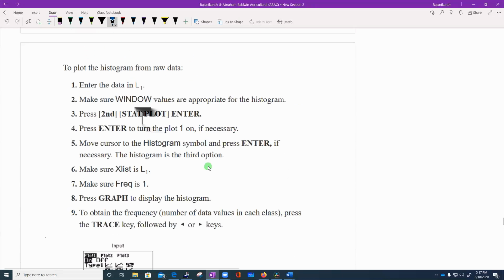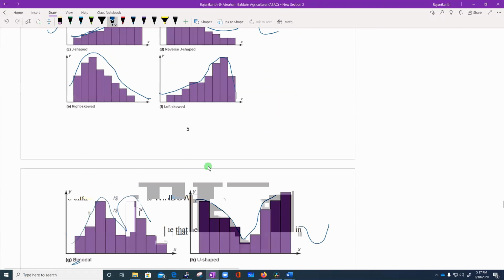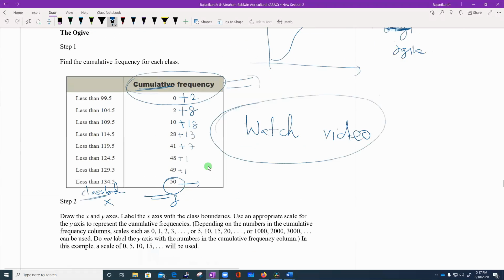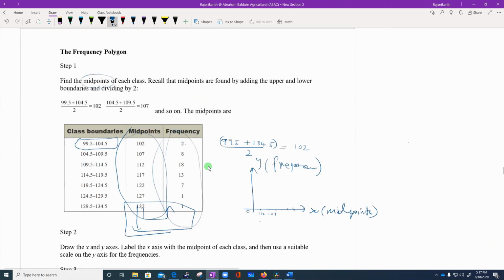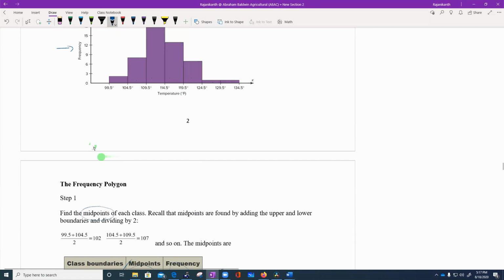So I believe at this point you should be able to describe data sets, construct a frequency distribution table, then a grouped frequency distribution table, find class limits and class boundaries, and using the calculator you should know how to feed in the data values.